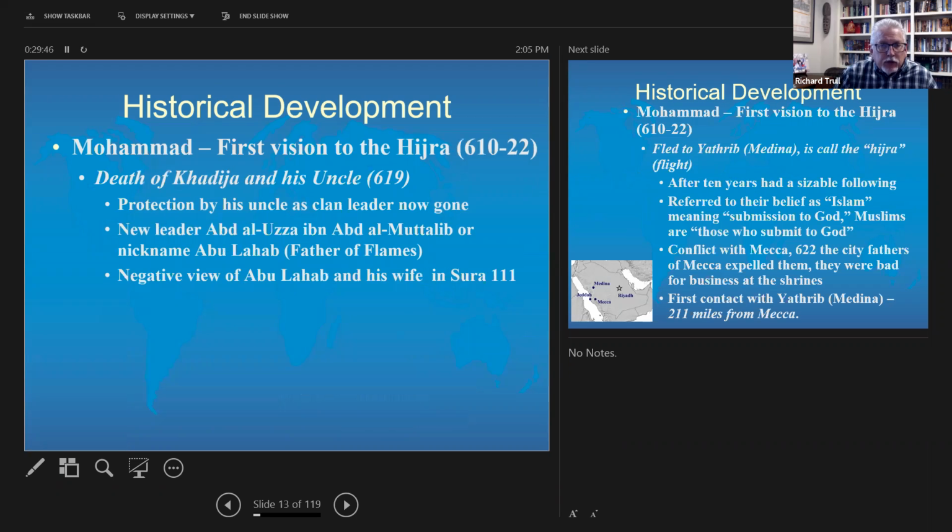Then, as we move on in this time period from 610 to 622, you have the death of his wife and his uncle. So he lost the protection of his uncle's clan, who was the clan leader, and a new leader, Abd al-Uzza ibn Abd al-Muttalib, or easier for all of us to say, Abu Lahab, father of flames, became the leader.